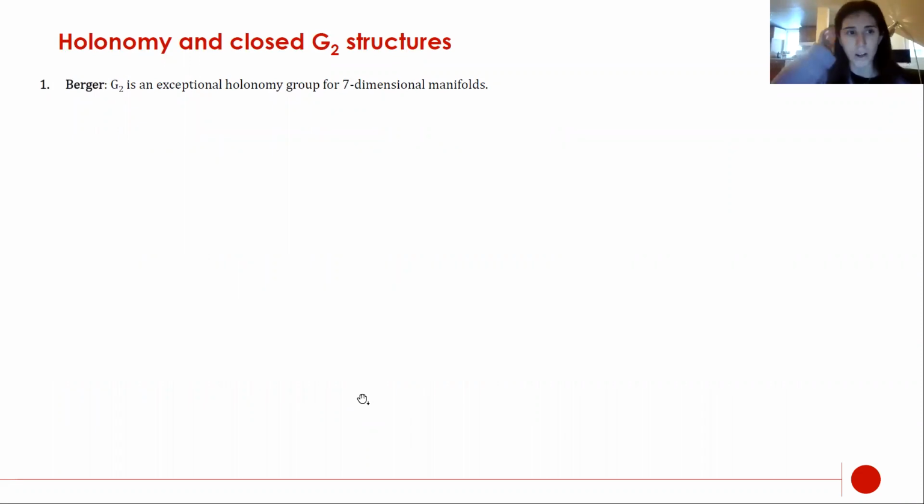Now I'm going to explain general results on these manifolds. The first result over here implies that G2 can be a holonomy group for seven-dimensional manifolds.